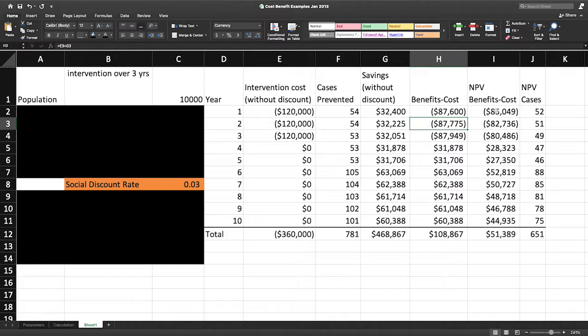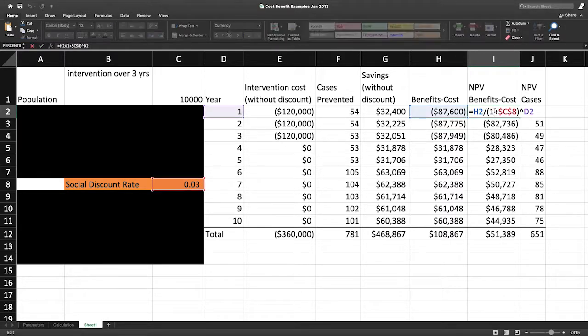However, when we take into consideration net present value, this is the calculation that we have. The top part, H, is just the benefits minus cost, which is this. And then we divide it by 1 plus whatever our discount rate is, which is 0.03. And we raise that to the year that this occurs, which is in year 1. And you see when we do that, we have a net present value of $85,000.